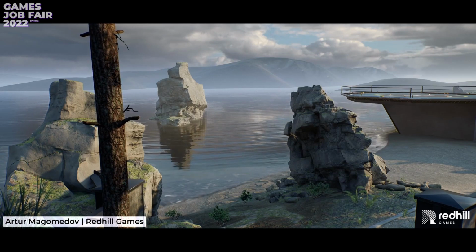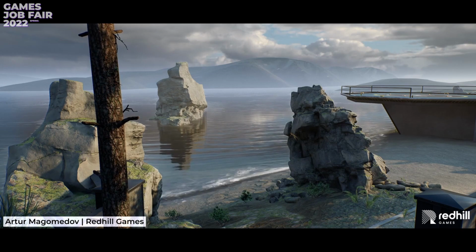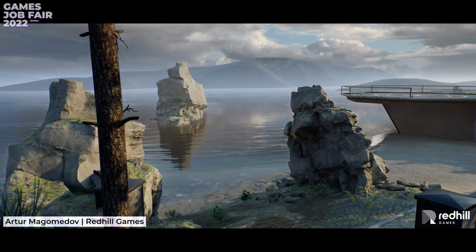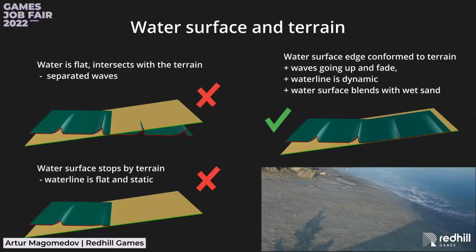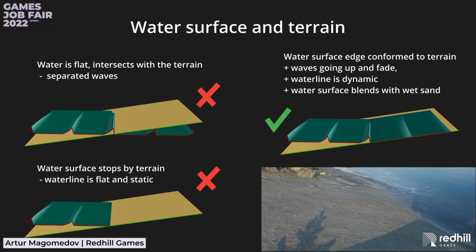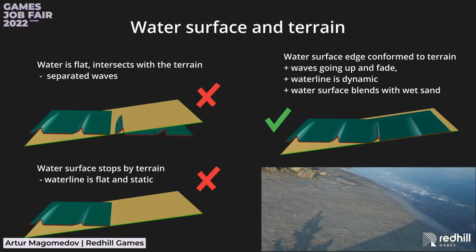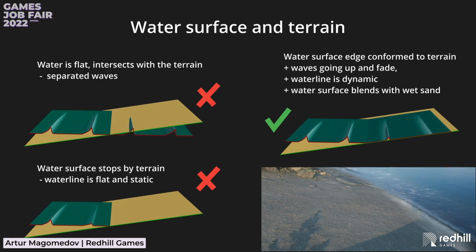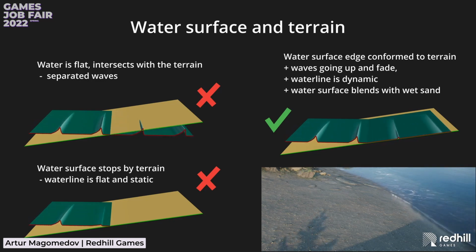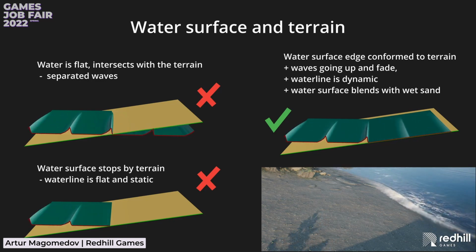To make waves realistic, they definitely should be 3D waves. But the problem with 3D waves is that they either fade out completely on the intersection line of the water surface and terrain, or they can be cut by the terrain, and those separate waves look strange.